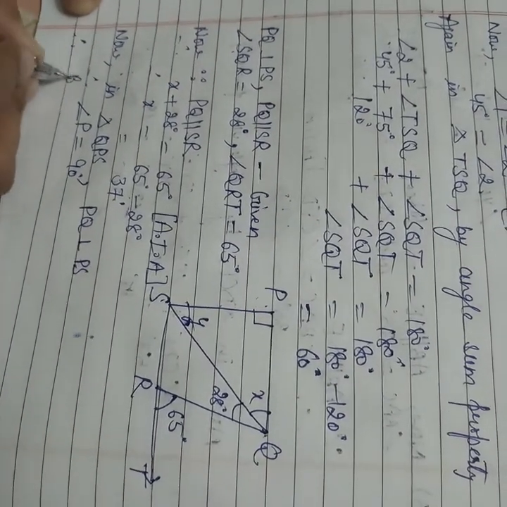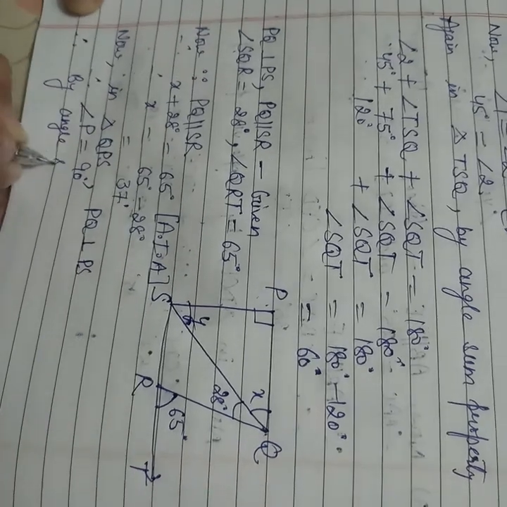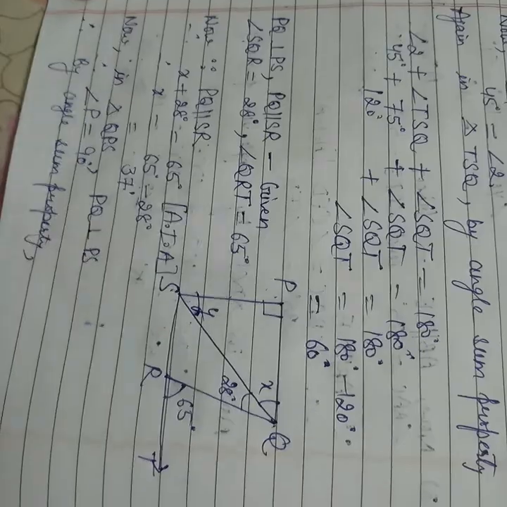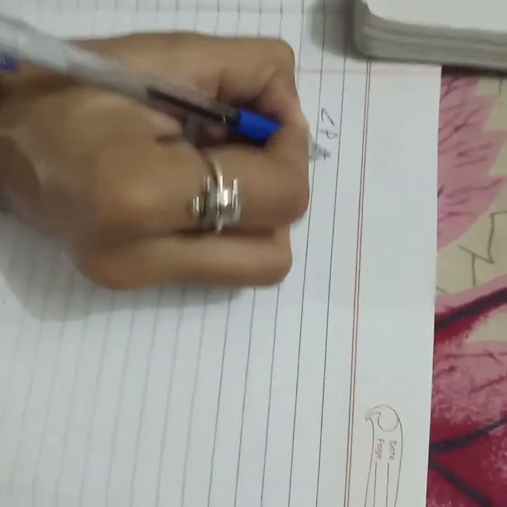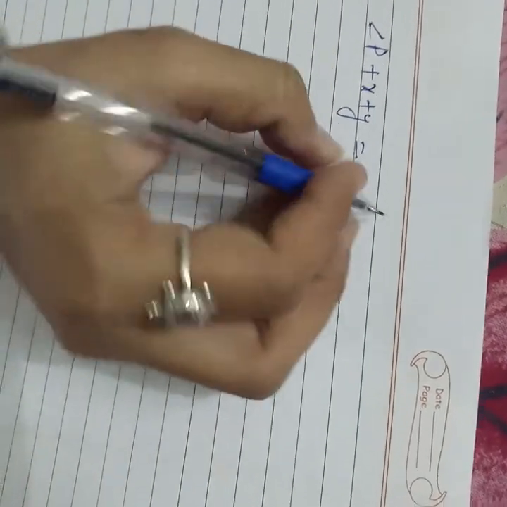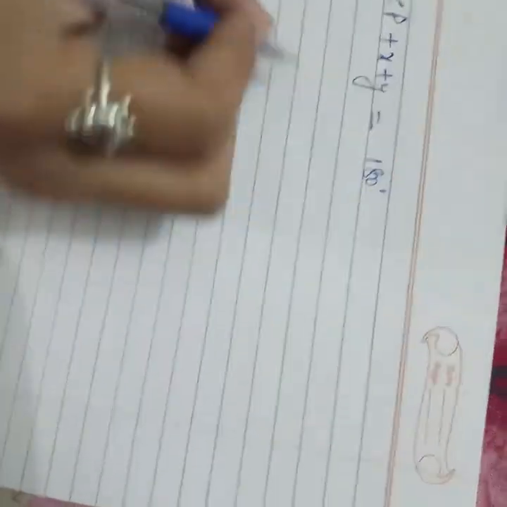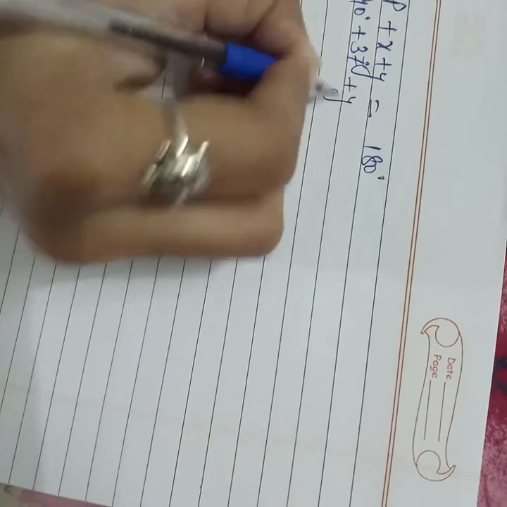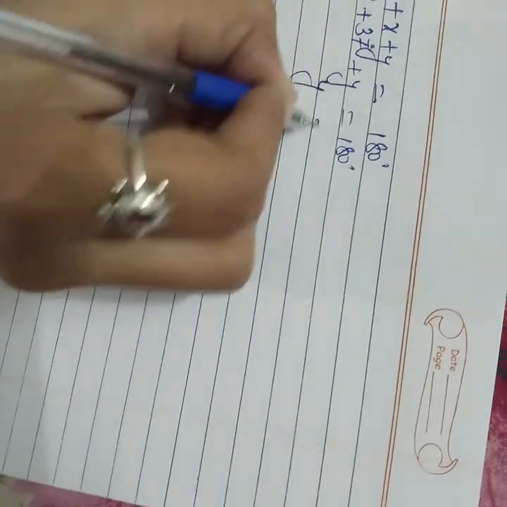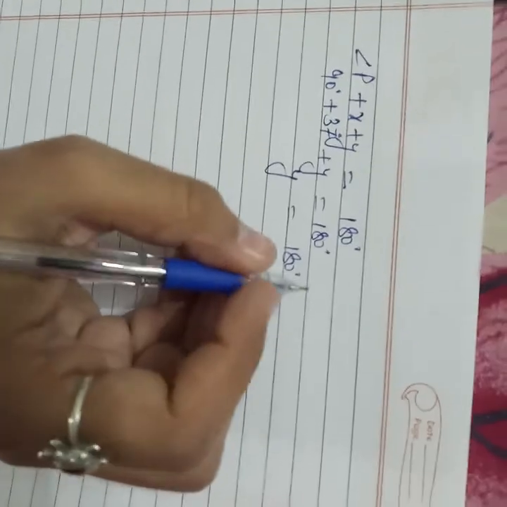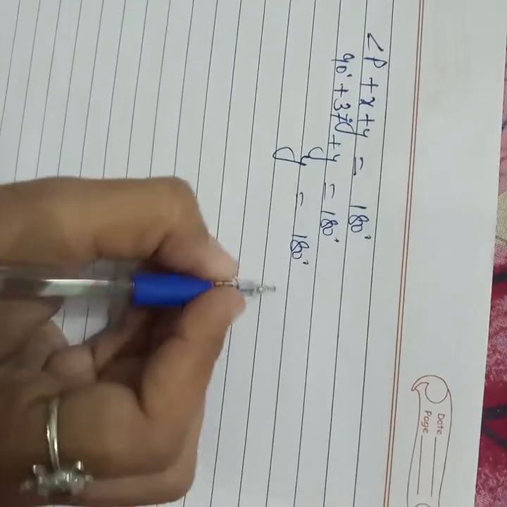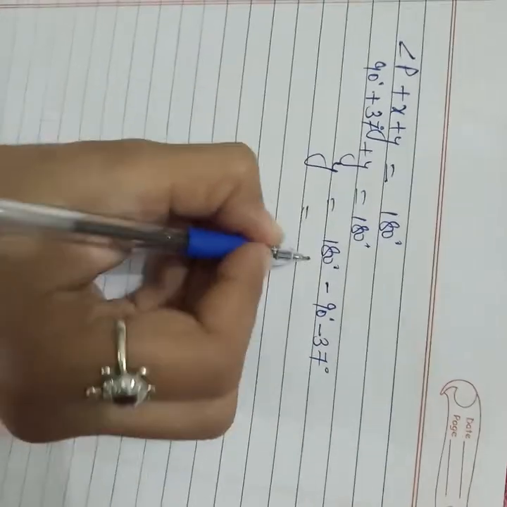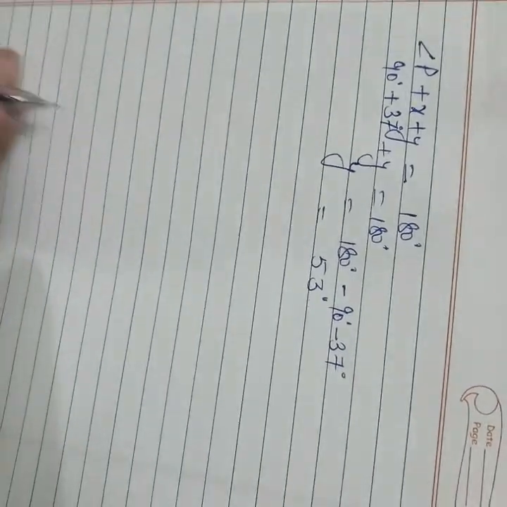Therefore by angle sum property, angle P plus X plus Y equals 180 degrees. Angle P is 90, angle X is 37 plus Y equals 180, Y equals 180 minus 90 degrees minus 37 degrees, which equals 53 degrees.